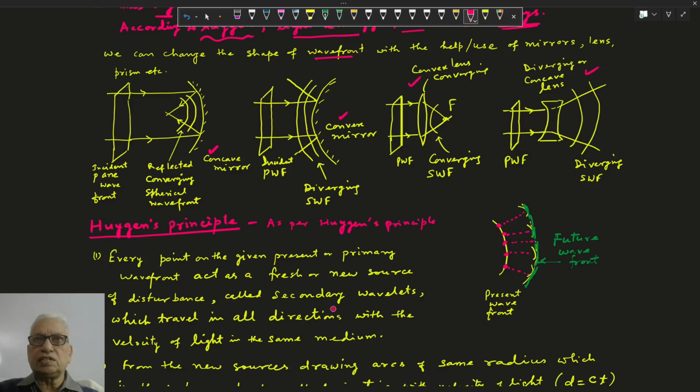Say these rays are coming here, this is the incident plane wavefront. After reflection it is converted into spherical wavefront. It is also spherical, but in this case it is converging type, in this case it is diverging type. In a lens also it is converging and diverging. So plane wavefront can be converted into spherical wavefront and vice versa is also possible.